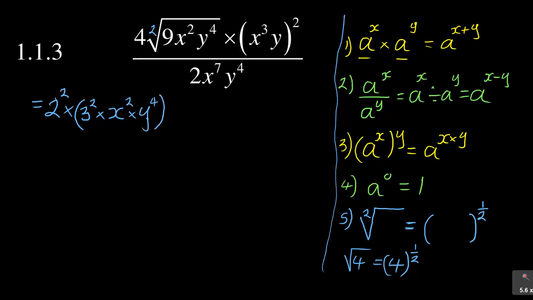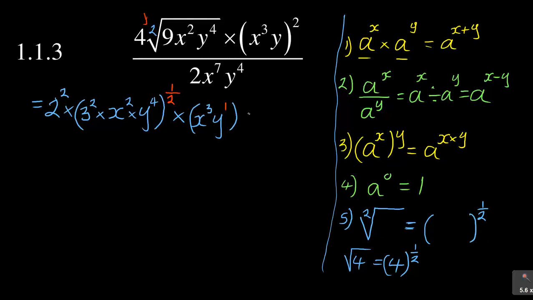What I want you to notice is that this square root is the same as to the power 1 over 2 there. And then continue with times, there is a bracket there which is x to the power of 3, right, and y. Because it just says y, it means the silent number there is power 1.